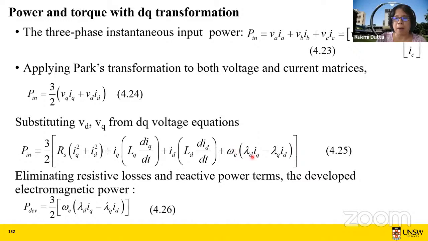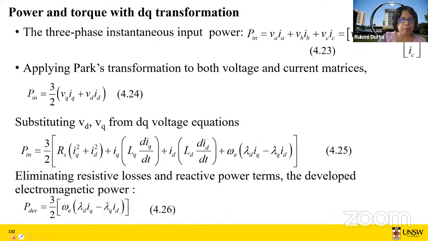This is what's going to power your load. So this is the developed power, real power. And we are only interested in this term when we want to look at what happens to the torque as a motor engineer. So the developed power is 3/2 omega E (lambda D IQ minus lambda Q ID), the simple equation.